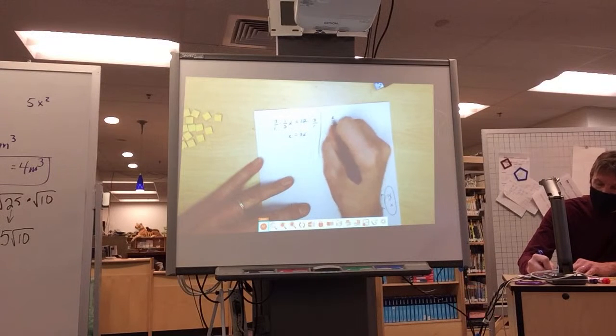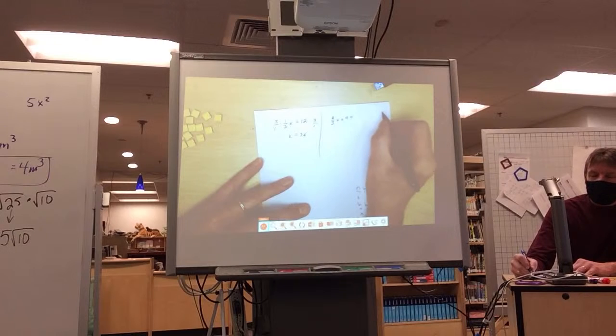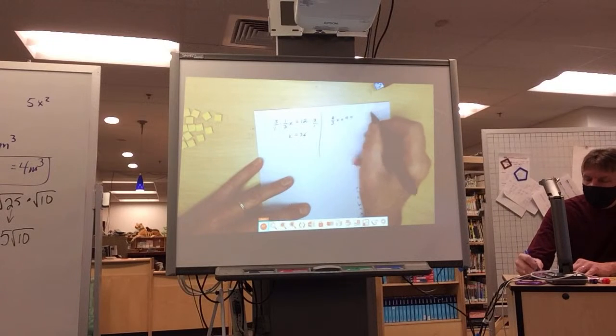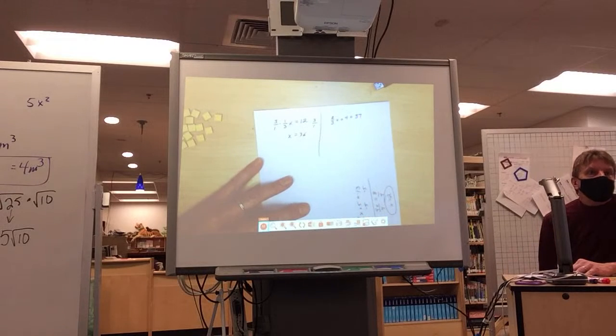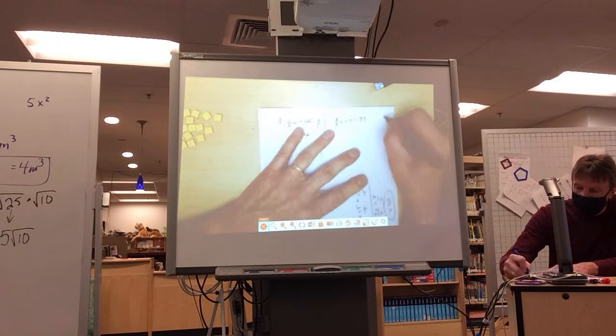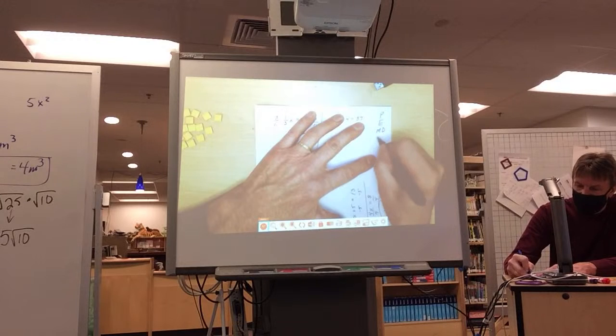So for example, if we had something like 2/3 of x plus 4 is equal to, oh gosh, 37. So mechanically what we have to do is we think to ourselves, what am I writing on the right-hand side here?